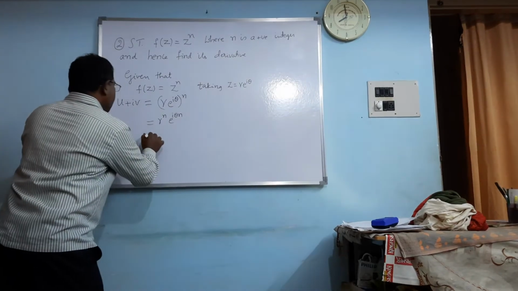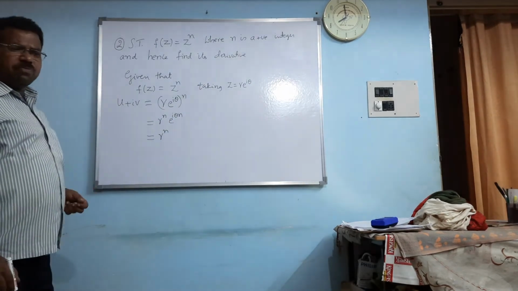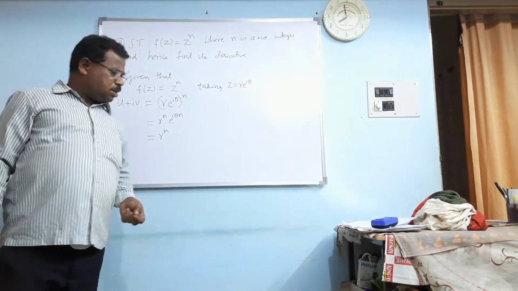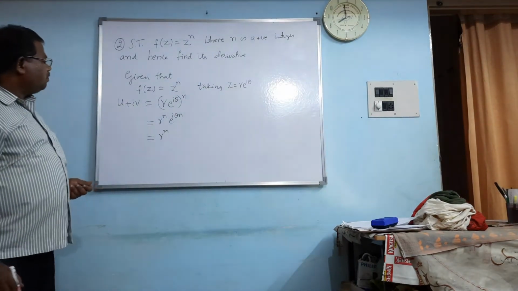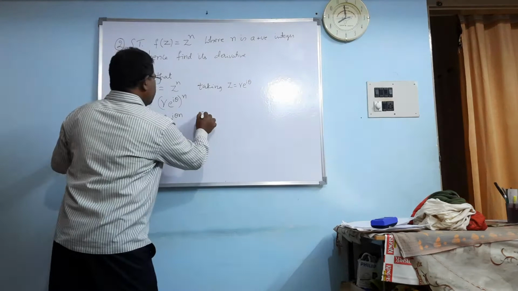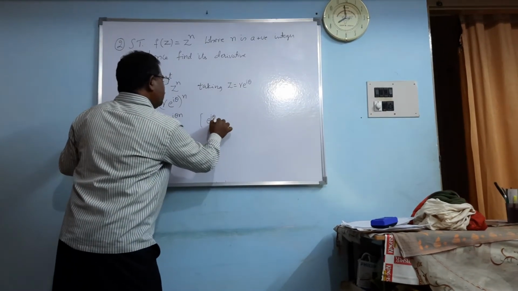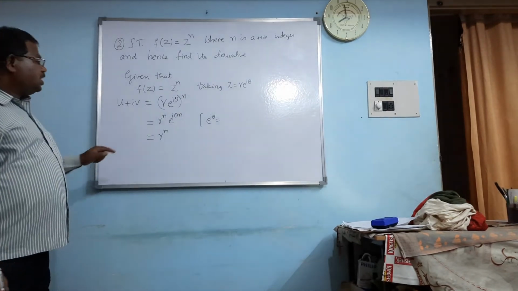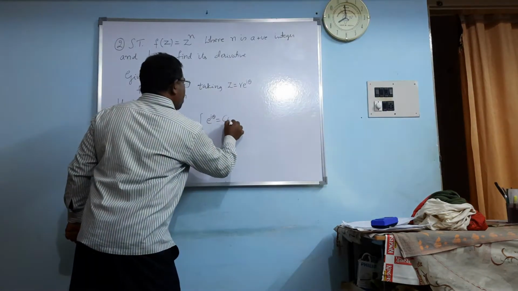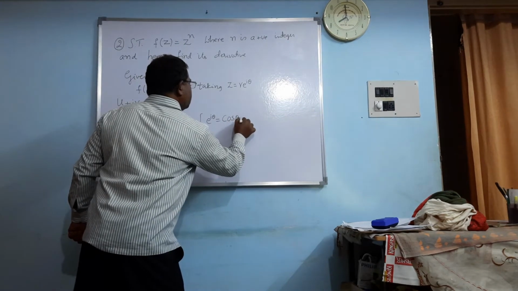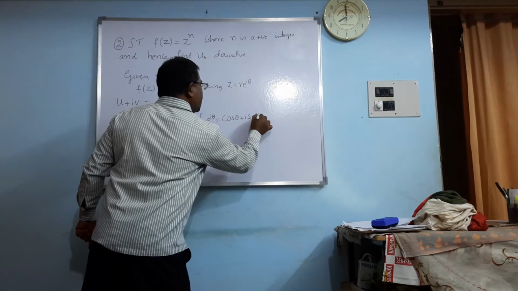Next, r to the power of n. What is e to the power of i theta? Already this concept is Euler's formula or polar form. This is also elementary; everybody knows this formula. e to the power of i theta is cos theta plus i sin theta.